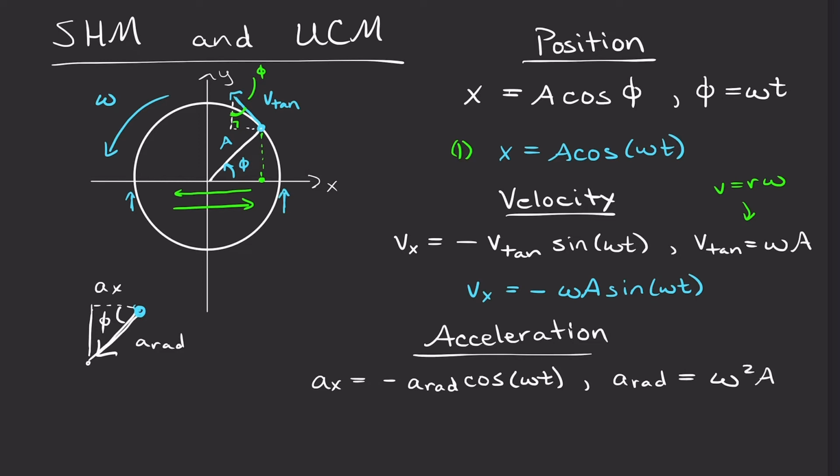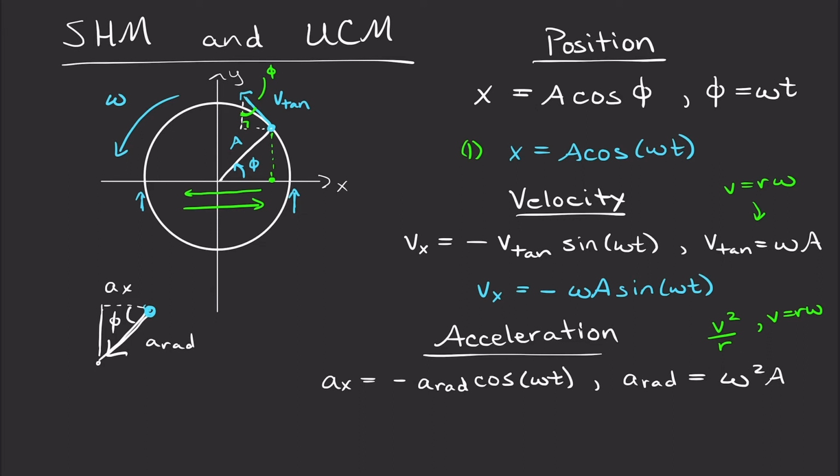And in this case, again, r is equal to the amplitude. So if you take v squared over r and then substitute again v equals r omega, you can get this expression for a radial. Now plugging all of that in, a radial will be omega squared times the amplitude times cosine omega t. This is our third equation.